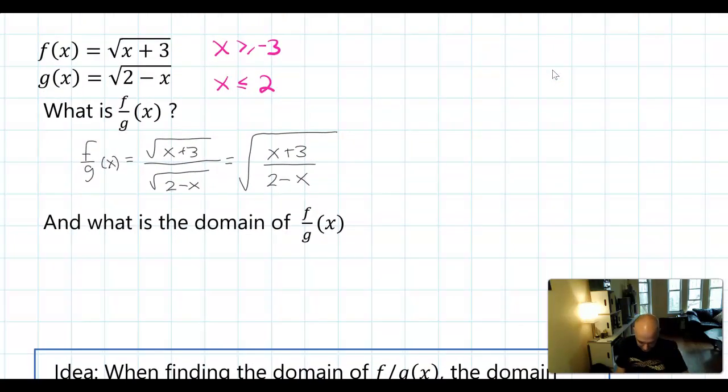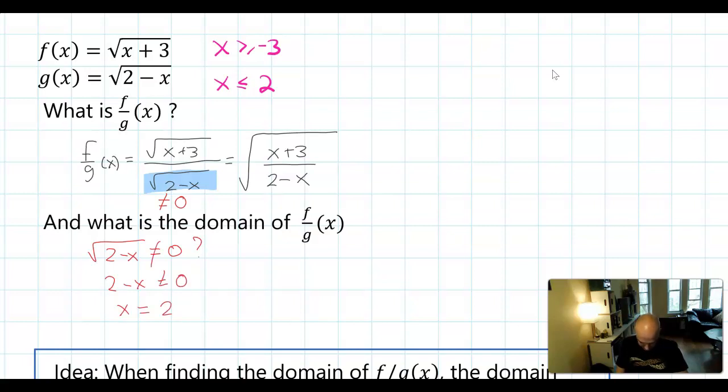But additionally, we need this whole term to not equal 0. We can't have g of x equals 0. So where would the square root of 2 minus x equal 0? That would happen when 2 minus x was equal to 0, which would happen when x was equal to 2.